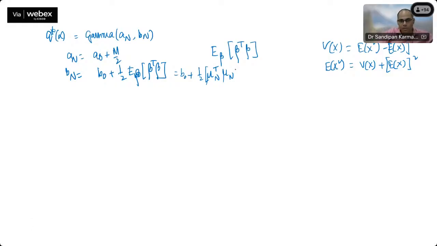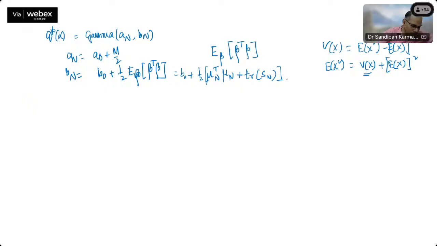Plus then V of x, which is basically the variance covariance matrix in this multi-dimensional case. But this bn is a scalar quantity, and mu n transpose mu n is also a scalar quantity. So instead of V of x, having a variance covariance matrix, we have to take the trace of that variance covariance matrix. We will come to deriving mu n and Sn in the next step. Is it okay? So this is for alpha.